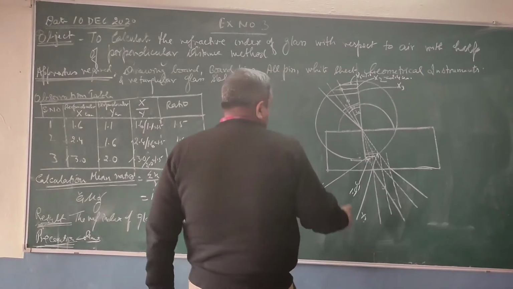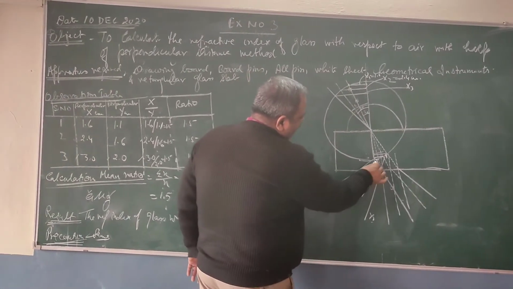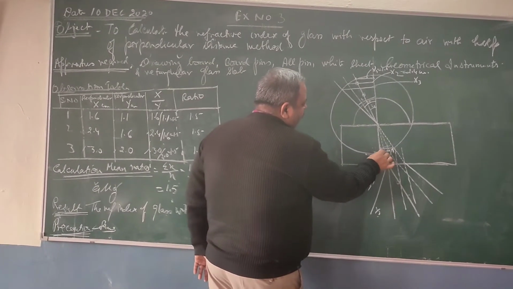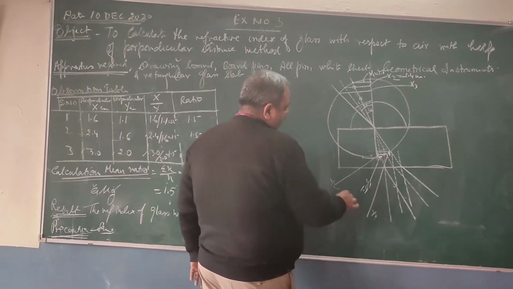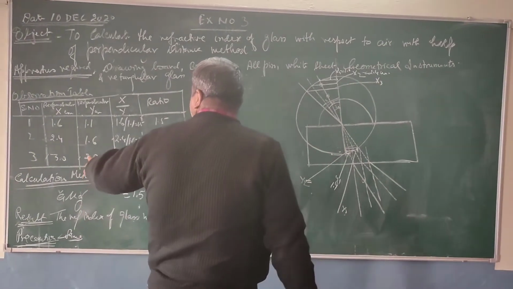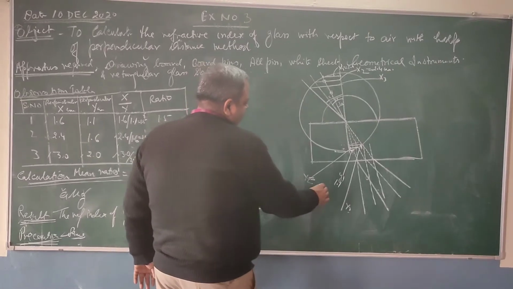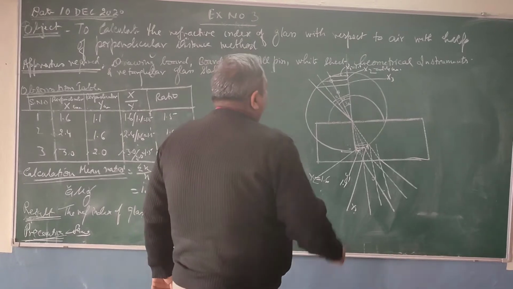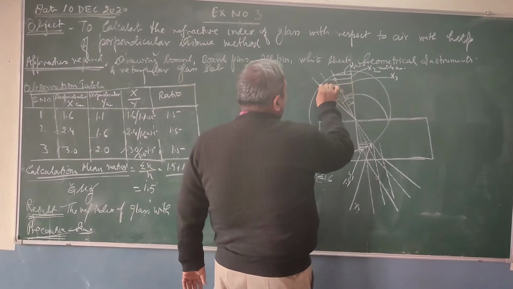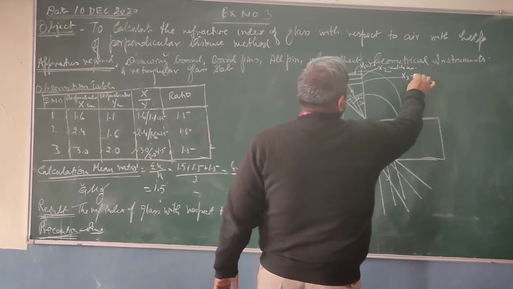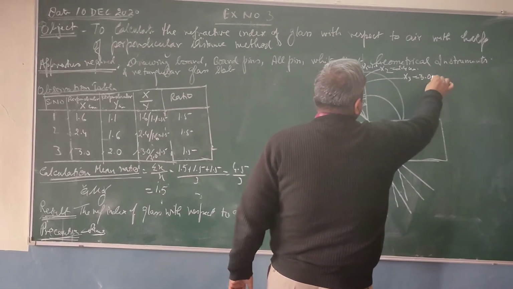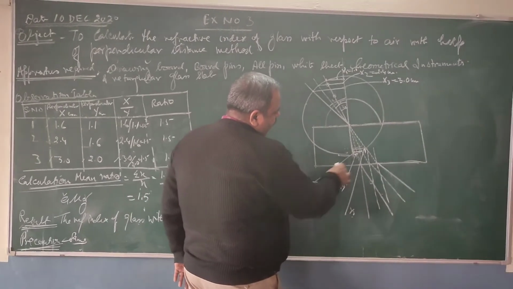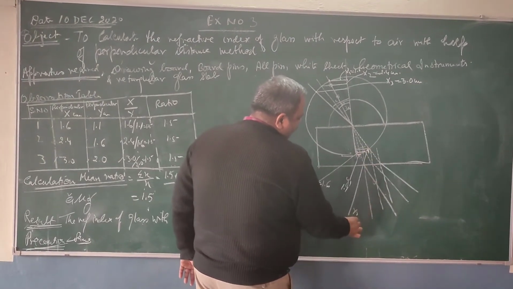Similarly, y2 is from the refracted ray on the circumference to the normal, and it should be perpendicular. y2 was found to be 1.6. Third reading, x3 from the circumference to the normal, is 3 centimeter, and the refracted perpendicular y3 is 2.